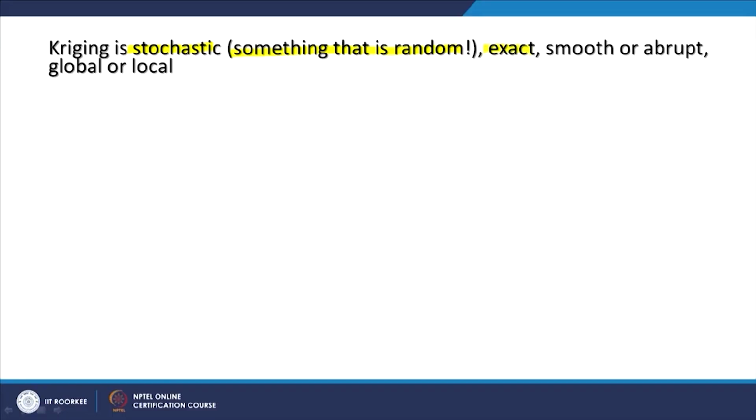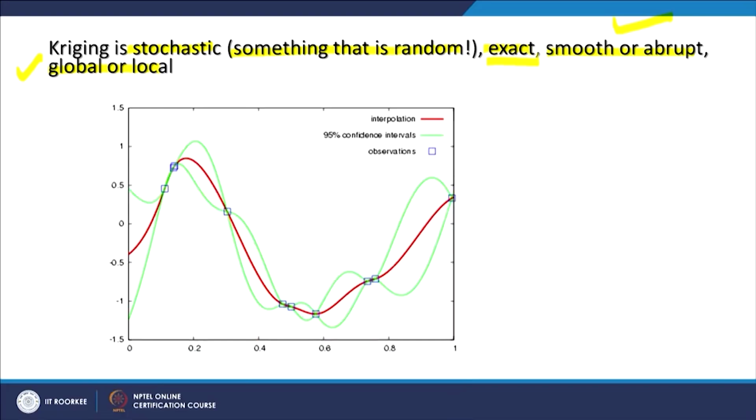It is also exact, smooth or abrupt depending on what choice we go for, and global or local; those options are available. But exactness is very important here. That is why a lot of people prefer it, as it provides exact, smooth or abrupt, global or local options, and is very good. Plus it also estimates the error. For other interpolation techniques, it is not easily possible to estimate errors, but in the case of kriging it is possible.